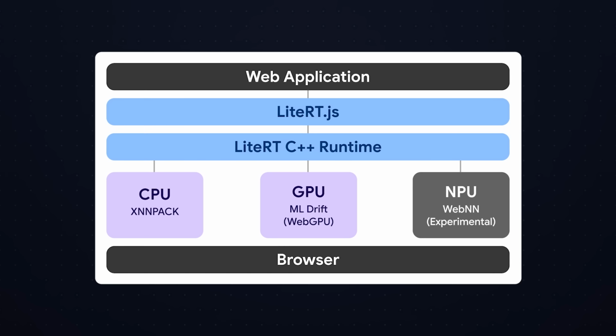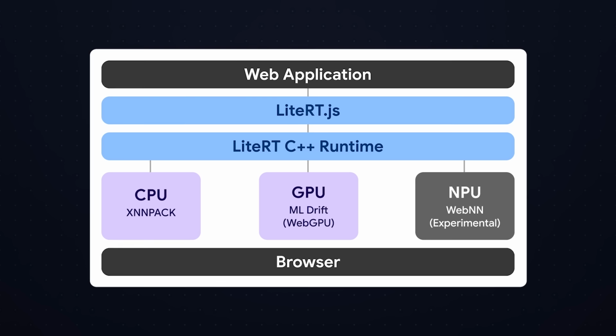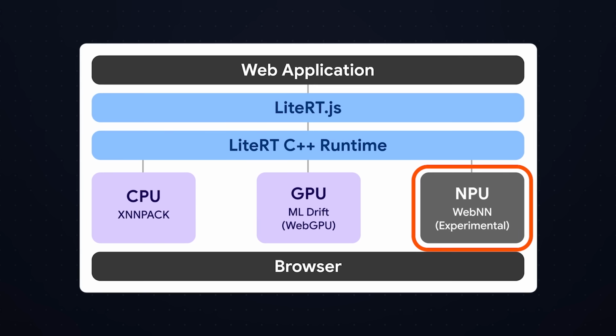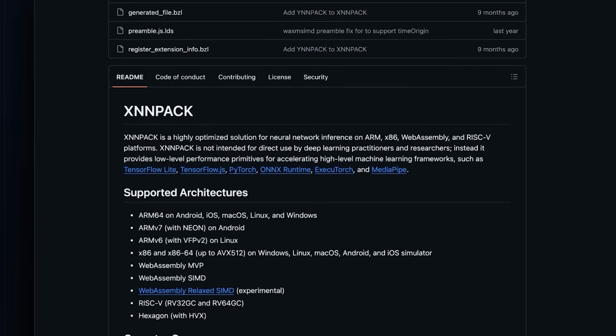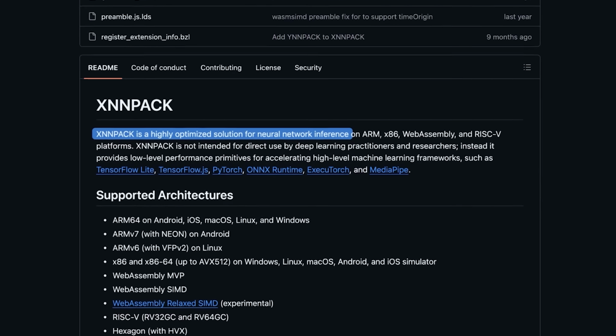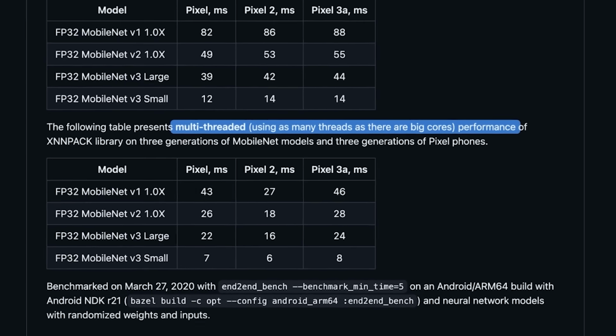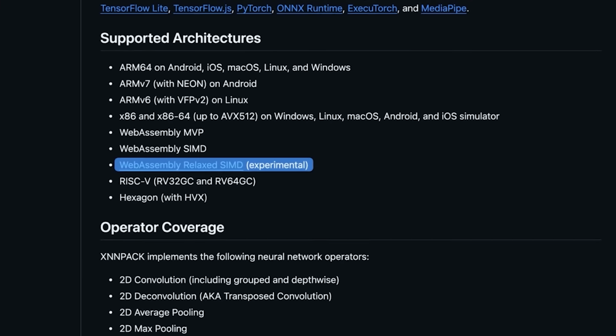And this also shows up in their backend architecture. LiteRT.js has 3 different tiers that allows it to perform well on CPUs, GPUs, and even NPUs. So on the CPU side, it uses XNNPack, Google's optimized CPU kernel library, which is multi-threaded with relaxed SIMD support. And this is your universal fallback that will run anywhere, no GPU required.